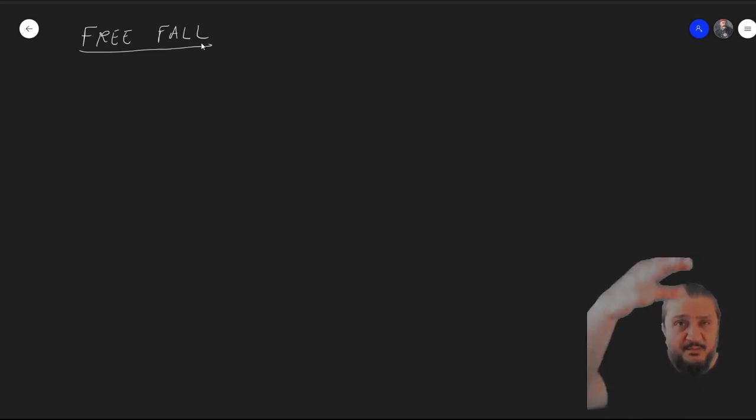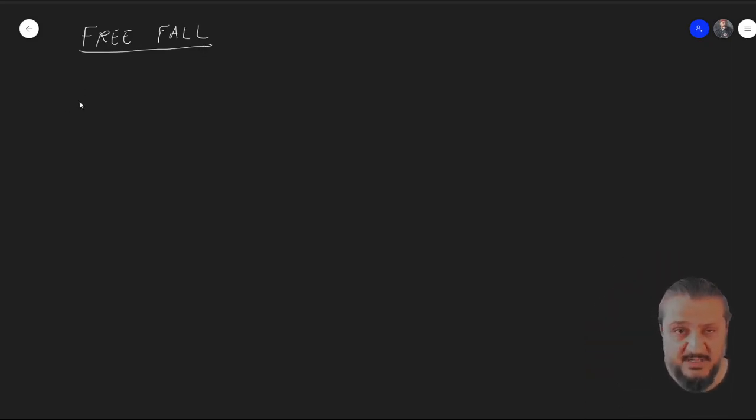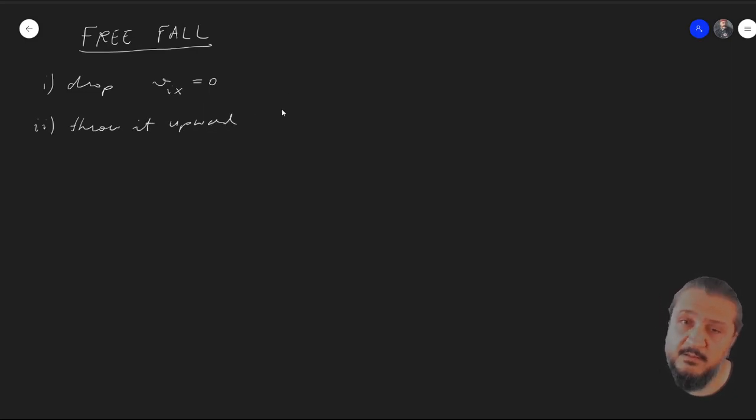So you may just drop an object. Okay, what are the possibilities? One, simply drop it, which means the initial velocity is 0. Or you can throw it upward. Then your initial velocity is no longer 0.